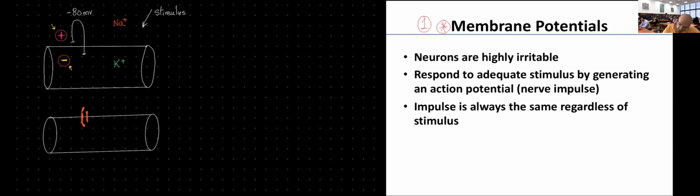And now the sodium, having a high concentration outside of the cell, is going to be traveling down its concentration gradient. So inside the cell, I have much less sodium compared to outside of the cell. As the channel is open, sodium will keep moving to the inside of the cell.